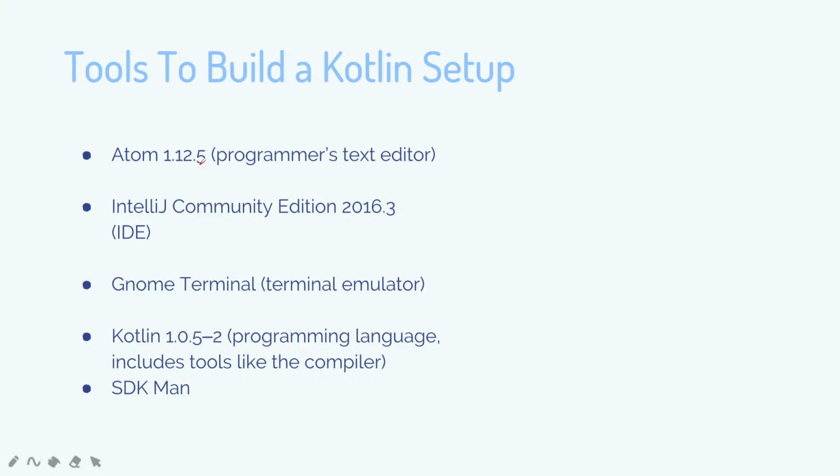Now, the tools to build the Kotlin setup. If you want to build a PC with a Kotlin application, first of all you need to install Atom 1.12.5 or the now updated version, the current version. This is only for programmers' text editing, like Notepad++.